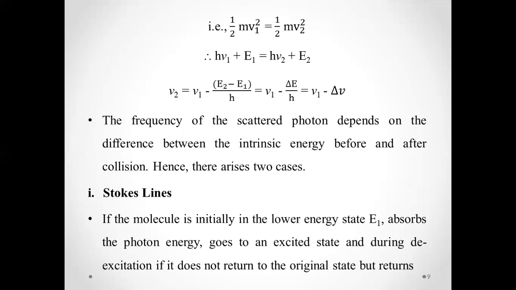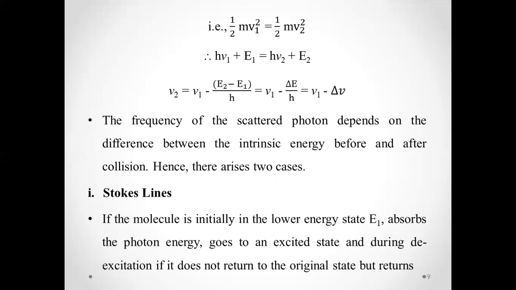Finally, this is found to be equal to nu1 minus delta nu. That is, delta nu is the change in the frequency due to the inelastic collision. The frequency of the scattered photon depends on the difference between the intrinsic energy before and after collision.